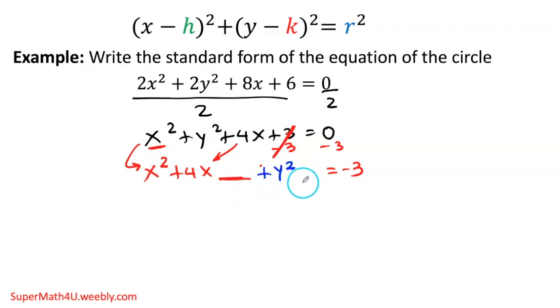If you notice, there's no term like with an x here. I have the x squared and something with the x. Here I only have something with the y squared. There is no number with the y by itself. There's not a 3y or 4y. There's no term like this. So because there's no term like this, the k value is going to become 0.